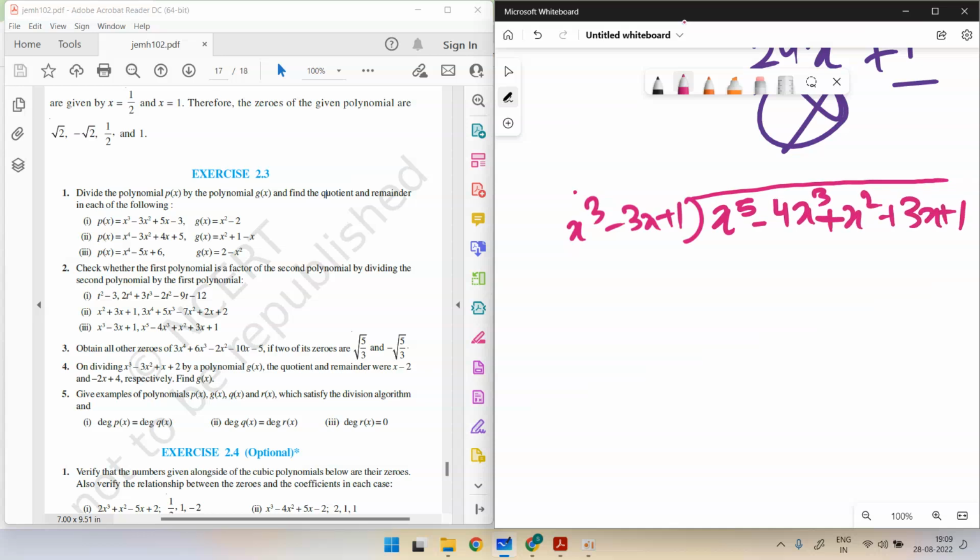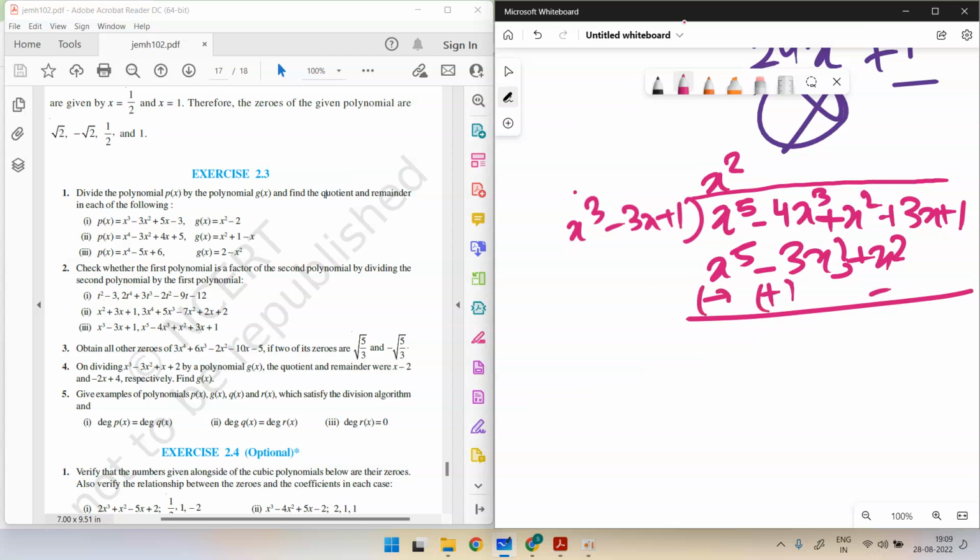Now for x cube to x5, we need to multiply by x square. So x cube times x square is x5, minus 3x cube, plus x square. Now subtract this one. So we will cancel, and minus 4 plus 3 is minus x cube, and this will become cancel. So minus x cube plus 3x plus 1.